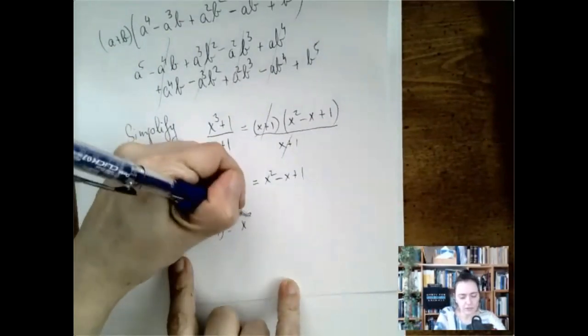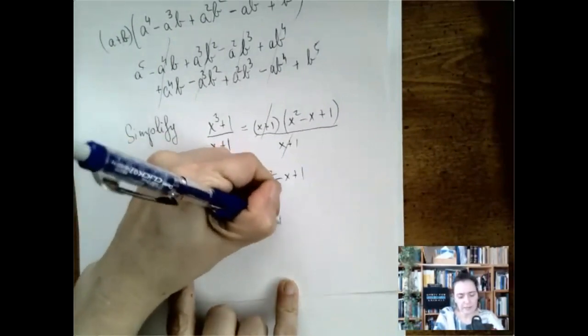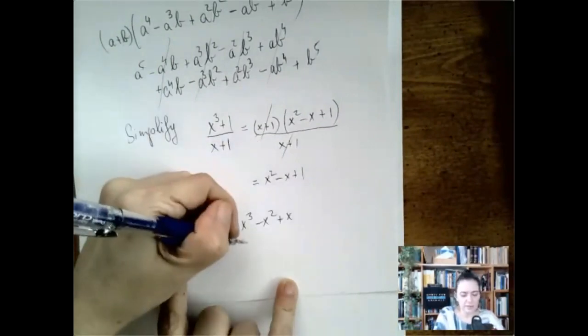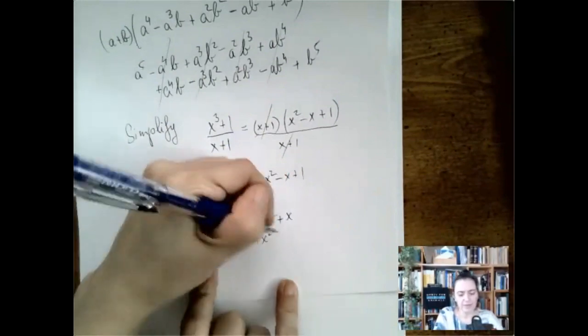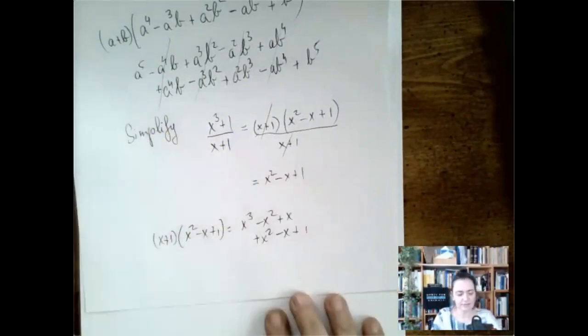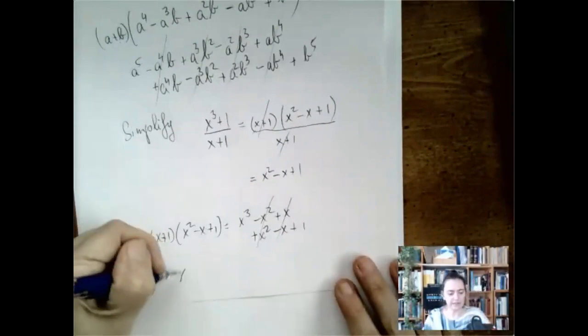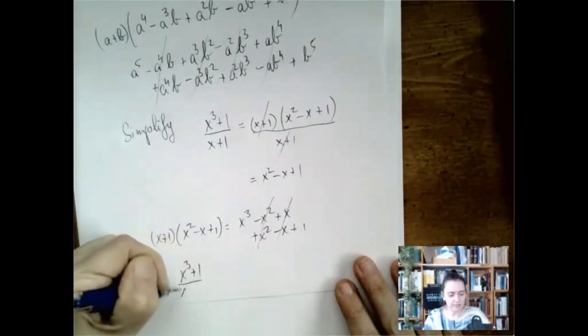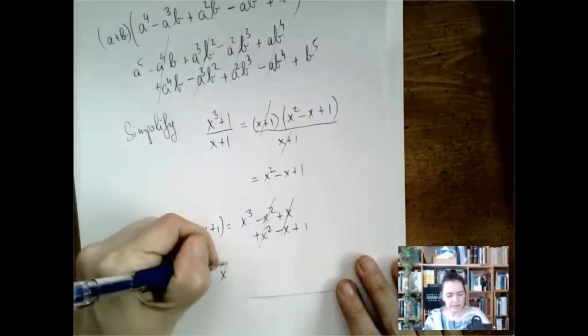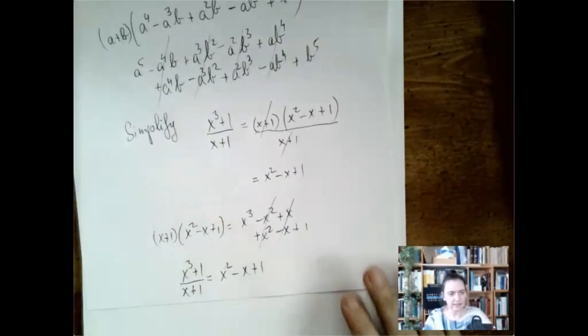So x cubed minus x squared plus x squared minus x plus 1. So it's x cubed plus 1. So this is quite important. X cubed plus 1 over x plus 1 is x squared minus x plus 1. That's quite interesting. Okay, let's do another one.